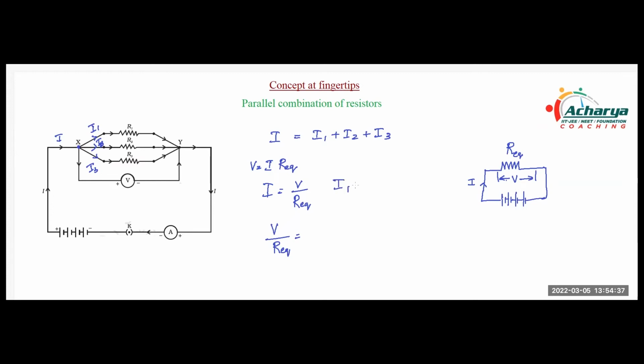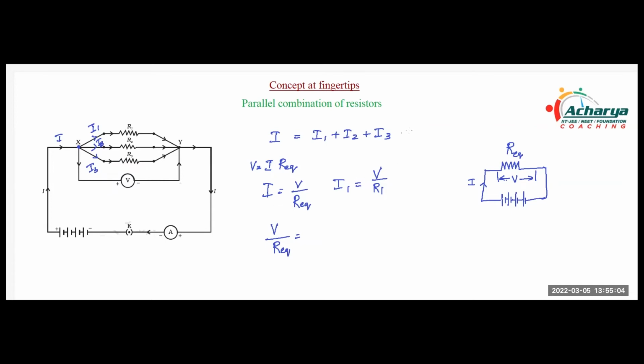Again, let us see what is I1. I1 is the current flowing through the R1 resistance. If you apply Ohm's law in this branch alone, we can say I1 is equal to V by R1. Here, the potential difference across the 3 resistances which are in parallel combination is the same.